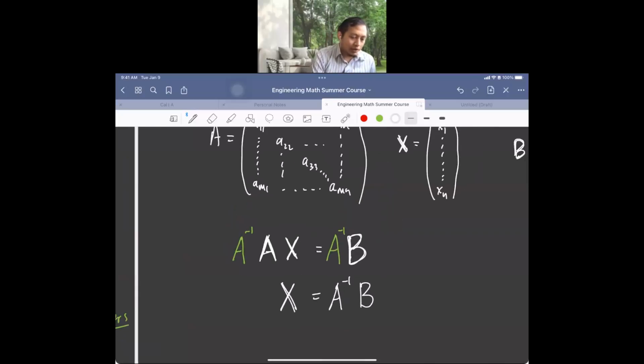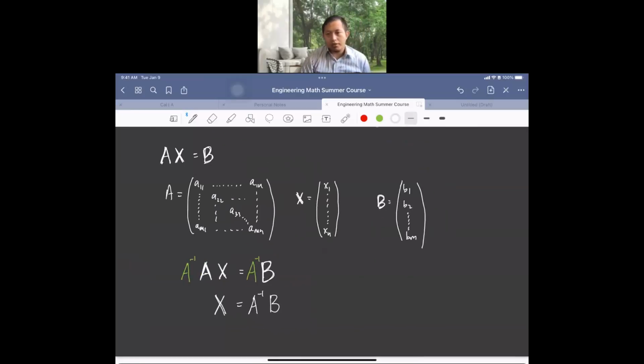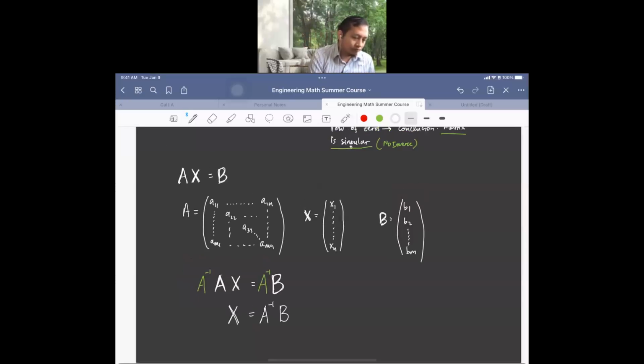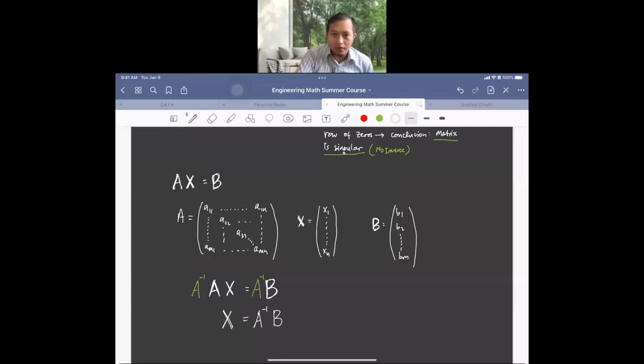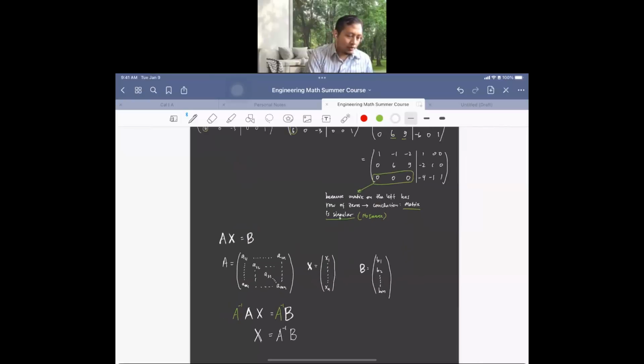Okay, so I think I can give you an example of how we can solve a system of equations. Wait for a moment if you want to take notes here.